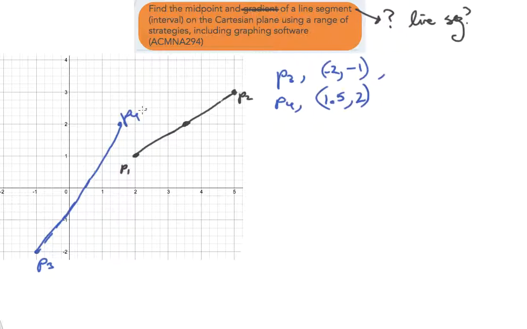Okay, so, well, let's find the midpoint. Guess. I'm going to say somewhere around here. So that's about 0.75, and how far up? 0.25.